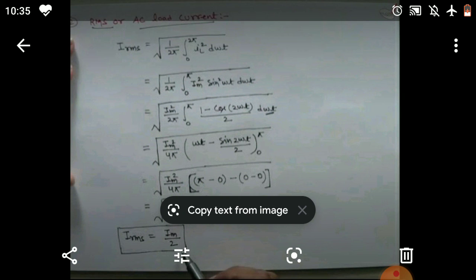But the ripple factor of the half wave rectifier is 1.21, which is high compared to full wave rectifiers. The efficiency of the half wave rectifier is also very low, only 48%. Hence half wave rectifiers are rarely used in applications. We'll see the full wave rectifier, its working and applications in the upcoming video.